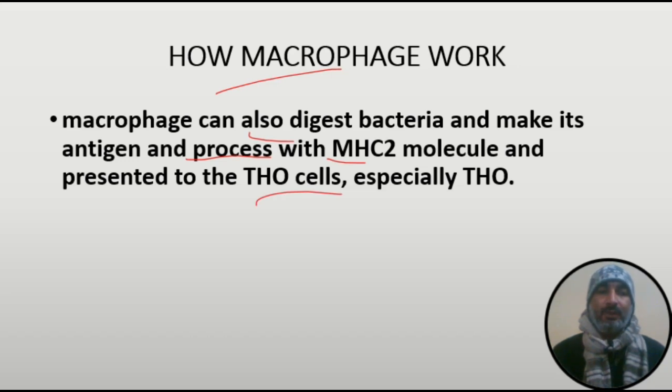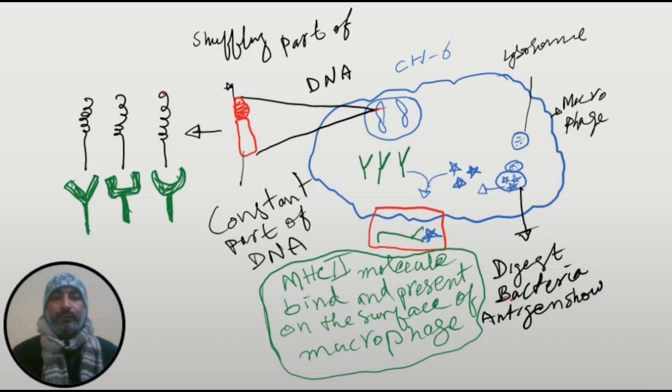This is a very simple diagram, so don't worry about that. We will go step by step. This diagram shows how the macrophage presents antigen to other cells like T lymphocytes.